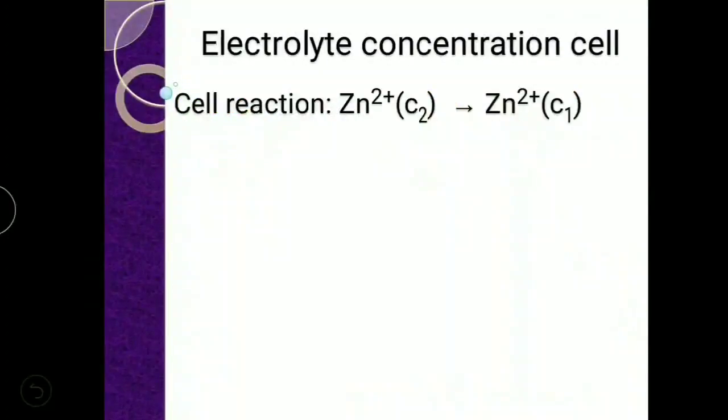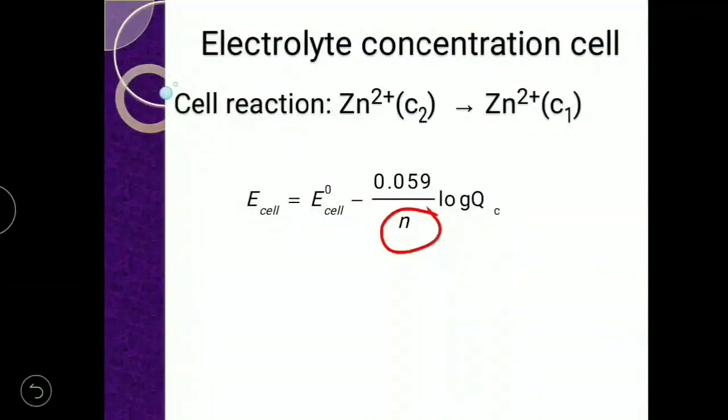Based on this, we can find out the EMF of the cell by using the formula from the Nernst equation. E cell is equal to E naught cell minus 0.059 by n into log Qc, where Qc is the reaction quotient and n is the number of moles of electrons involved in the cell reaction.